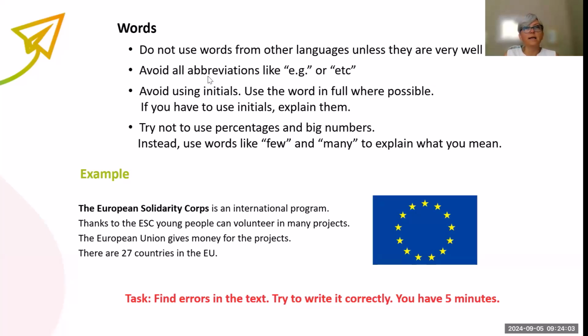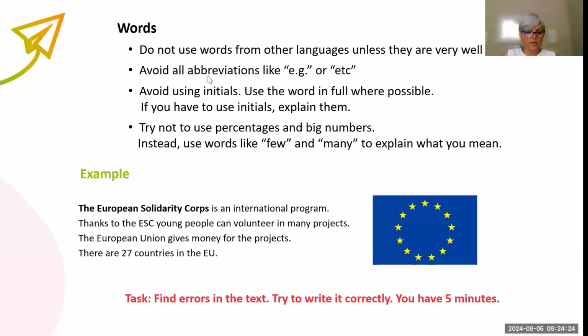We know that there are, for example, some English words in our language that we use every day, and most of the people can recognize it. But if it's something that we do not use frequently, it's better to avoid it. It's also better to avoid using initials.